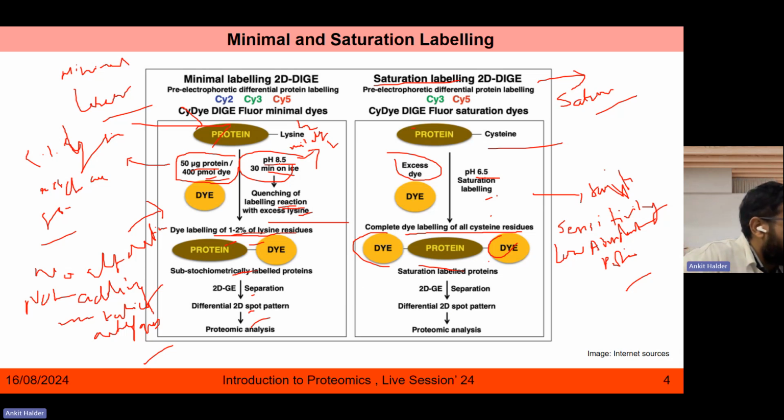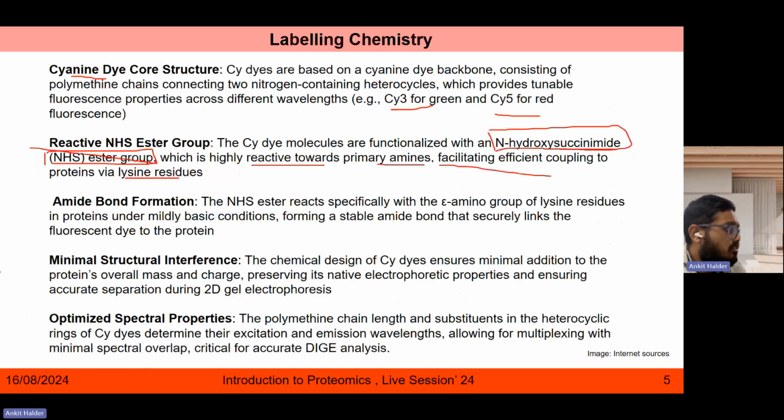And what you are doing is getting it with the excess lysine. It reacts specifically with the amino groups, so we have minimal structure interference.